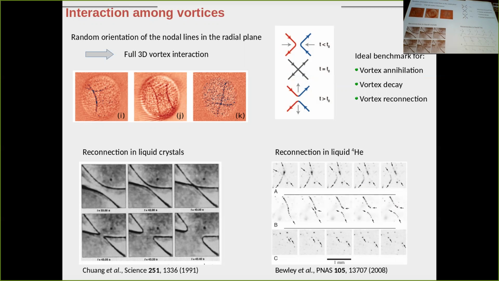And in 3 dimensions, of course, the possibilities are very rich. For instance, we can consider a situation of vortex annihilation, vortex decay, and vortex reconnection, for instance, when we launch vortices with orthogonal directions, like a situation like this.